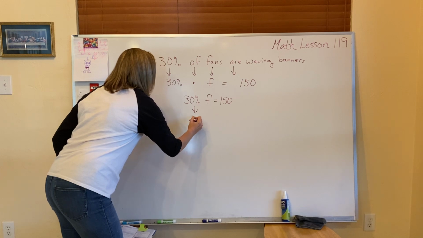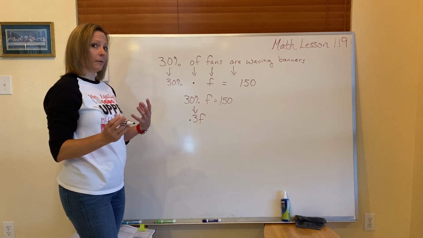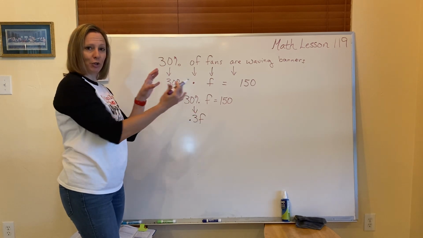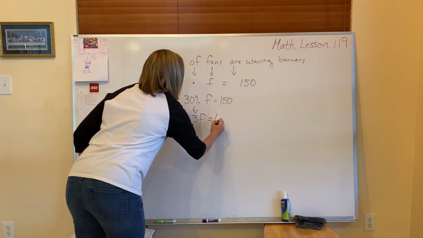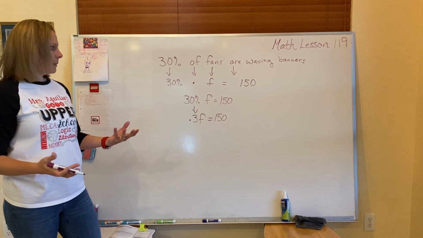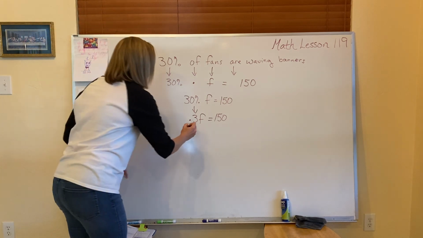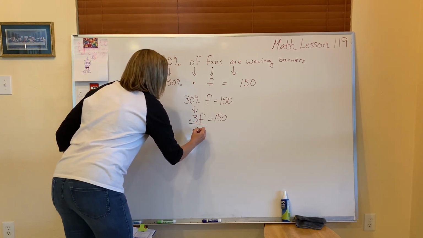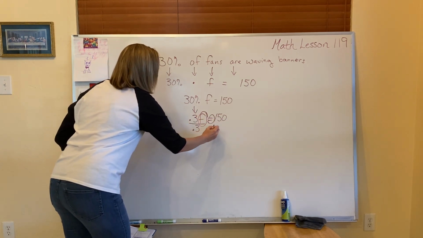So we have 3/10 F, and when they're smooshed together, we always know that's multiplication, is equal to 150. Now, can we solve it? We absolutely can. We're going to divide by 0.3 to get F on one side of the equal sign by itself.